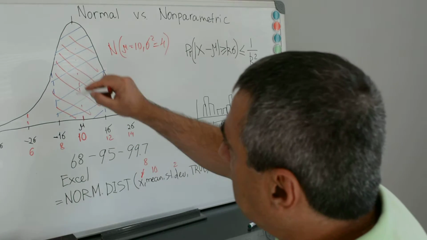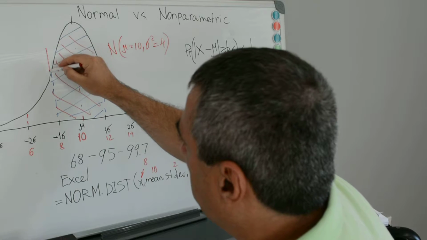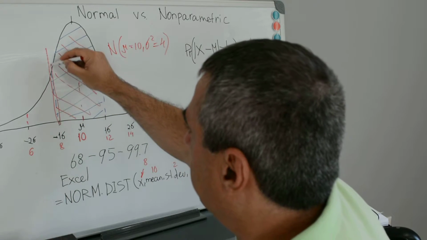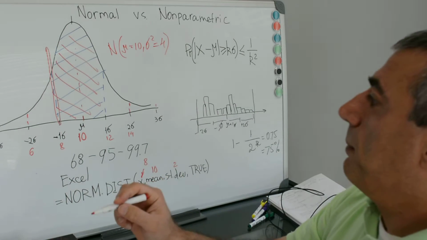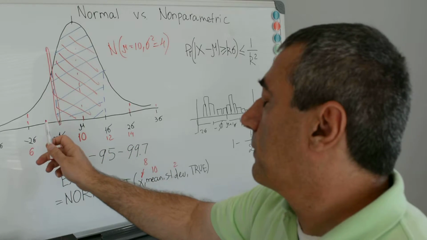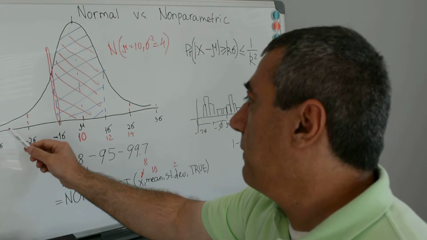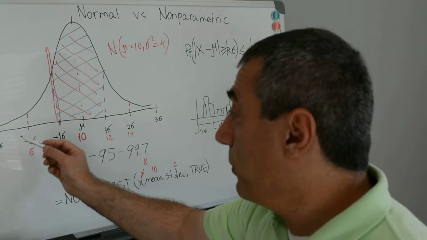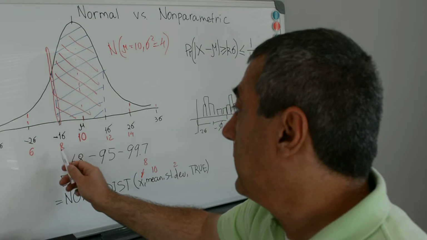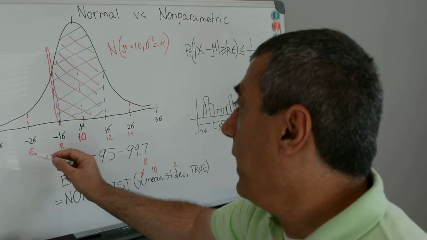Basically, I asked Excel to provide me the probability that the random variable, or percent of the population, is less than the value of 8.